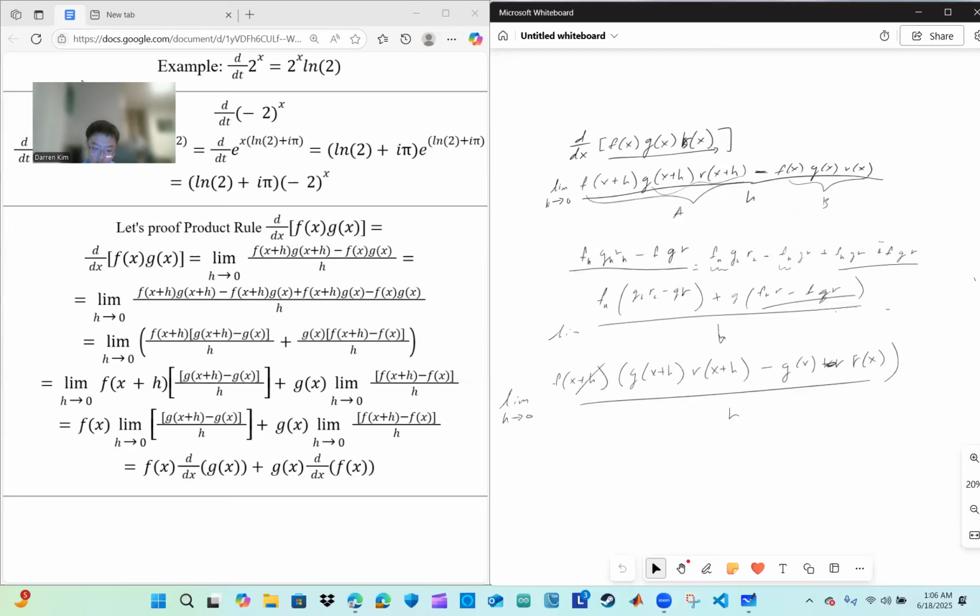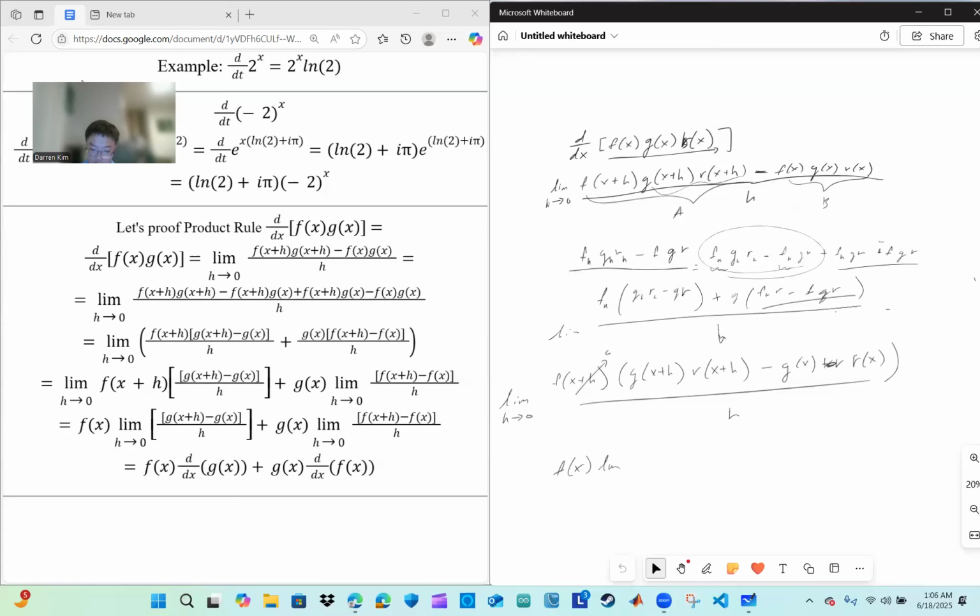We know h goes to 0, and we can move out the f(x) by limit, and this is only the first term, so don't forget we're only looking at this term first. And then we'll move on from that later.